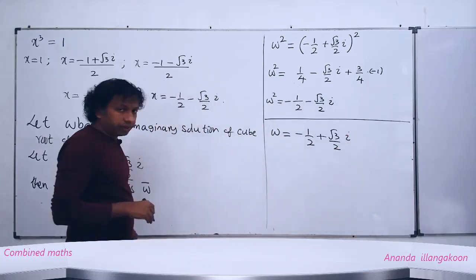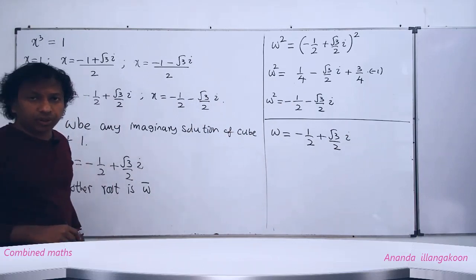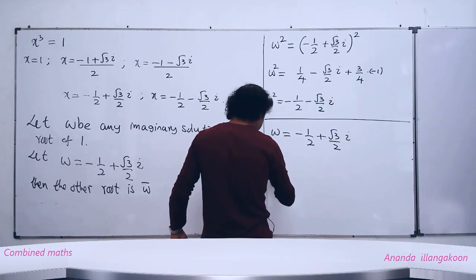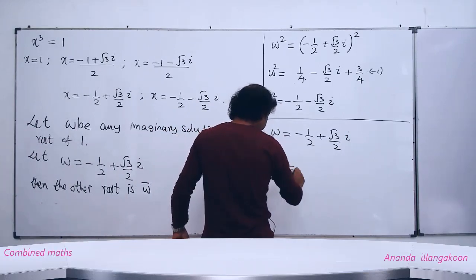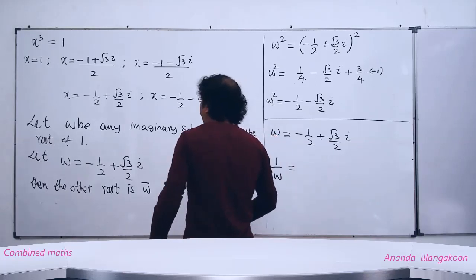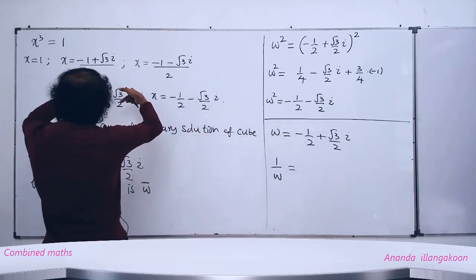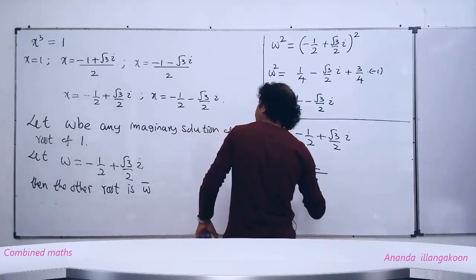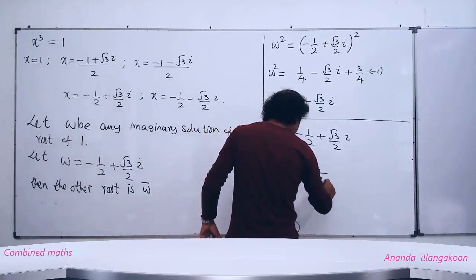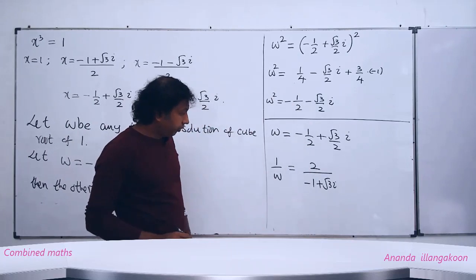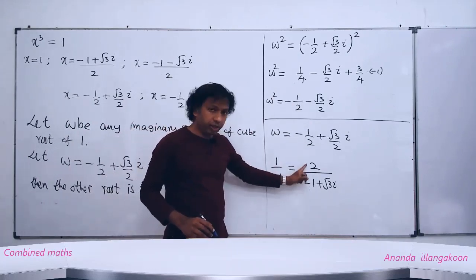People, I am going to take the reciprocal of this omega. 1 upon omega. One upon omega, when I take, people, I have to take reciprocal of this, no? 2 upon minus 1 plus root 3i. Now, I multiply on the right hand side by the conjugate of this.